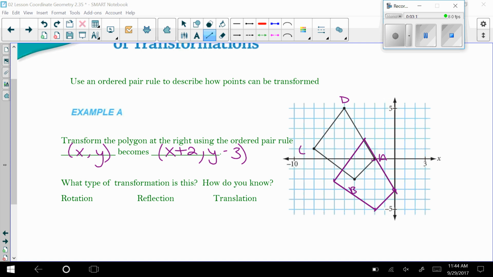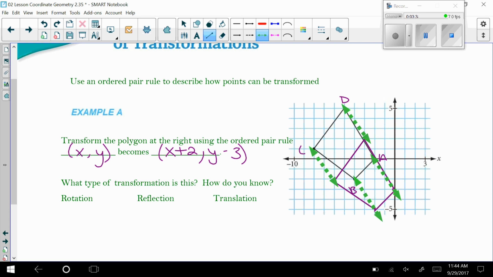And looking at this image, if I were to imagine the vectors of each of these transformed points, I would notice that they are all parallel and they are all equal.